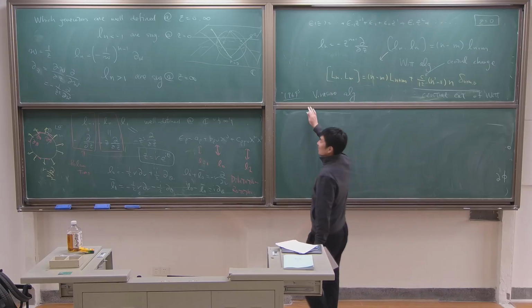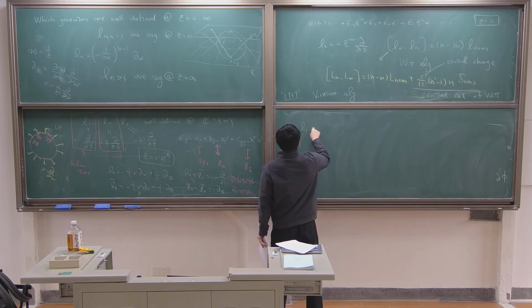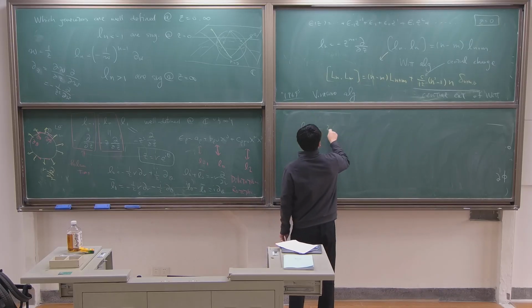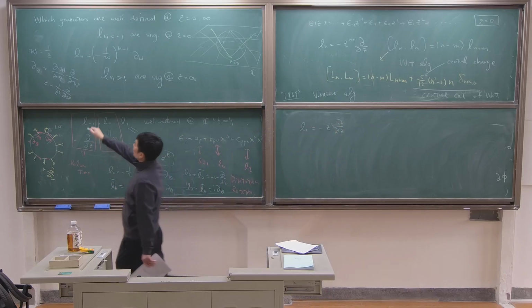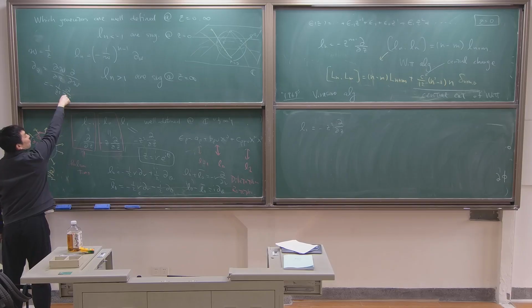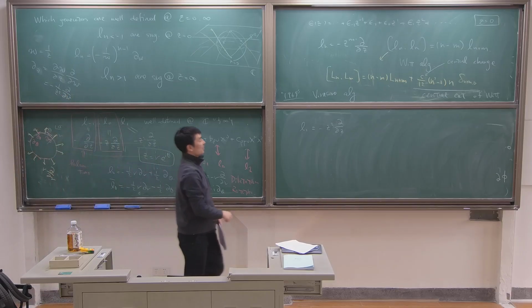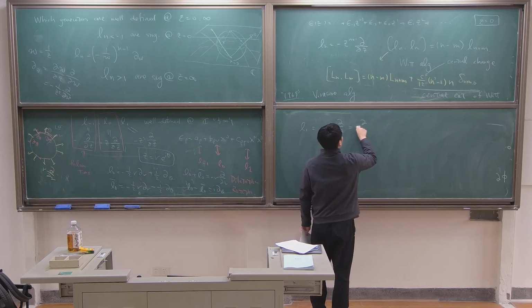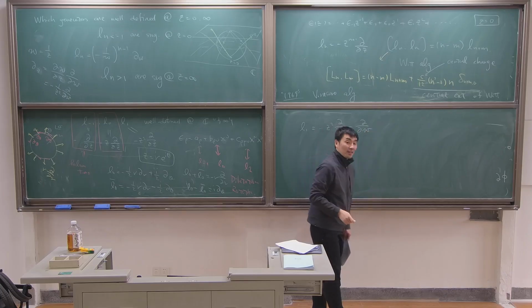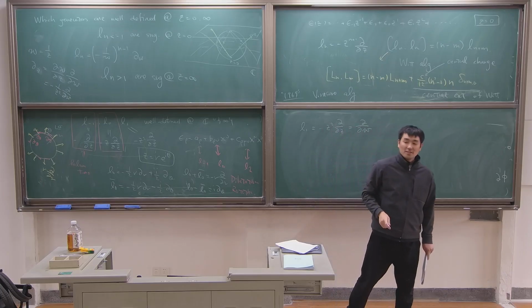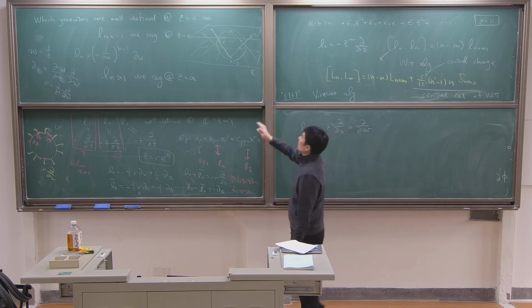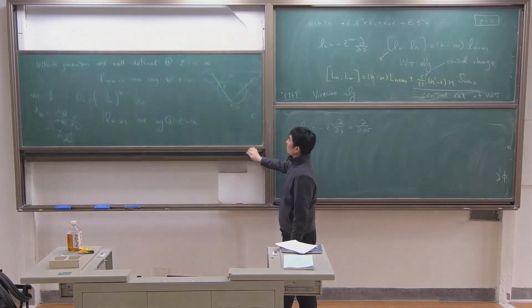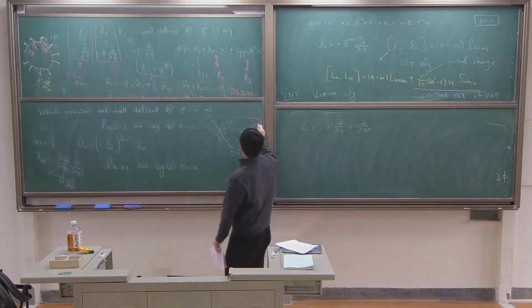L_1 is minus z squared del z, and use this transformation rule, plug that into here. Then what you get is del w. Therefore, it's just a holomorphic translation in the w variable.